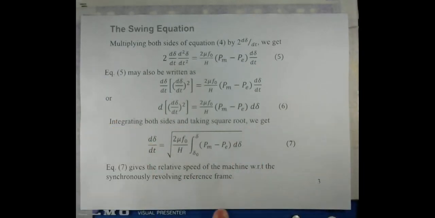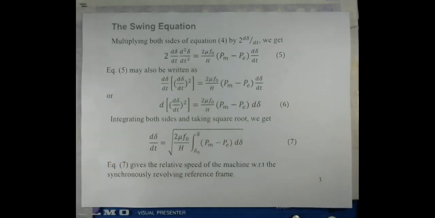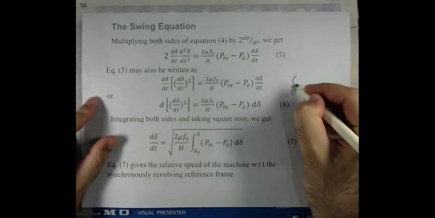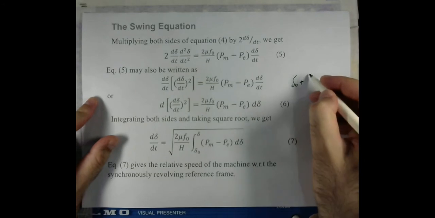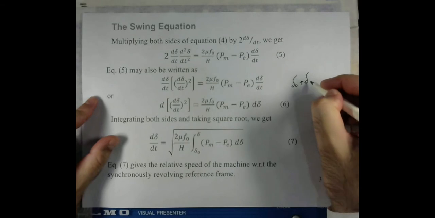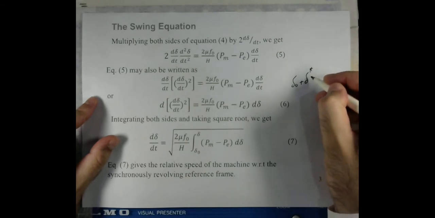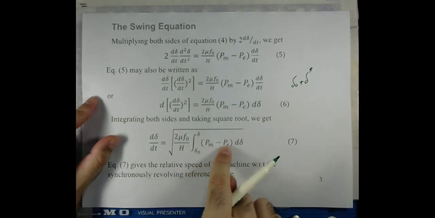So under any condition, if we have an initial angle delta naught, and there is any addition to this angle when the disturbance is applied, because there will be a change in this angle, let's call it delta star, that will appear when we have the difference of the two powers on the right side.